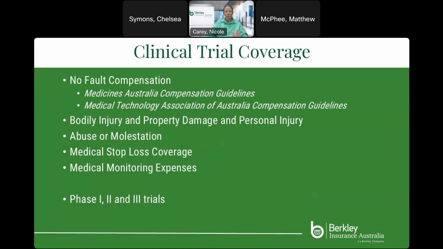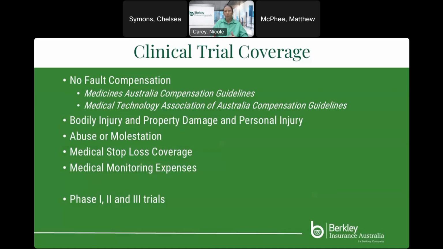I've got 2 different examples there: the Medicines Australia Compensation Guidelines and the Medical Technology Association of Australia Compensation Guidelines. What these guidelines normally do is that compensation is normally payable regardless of whether the participant can prove the company has been negligent in their research and development or that the product is defective.